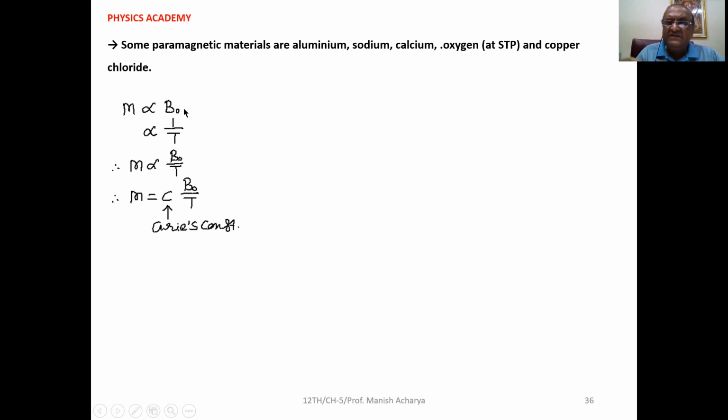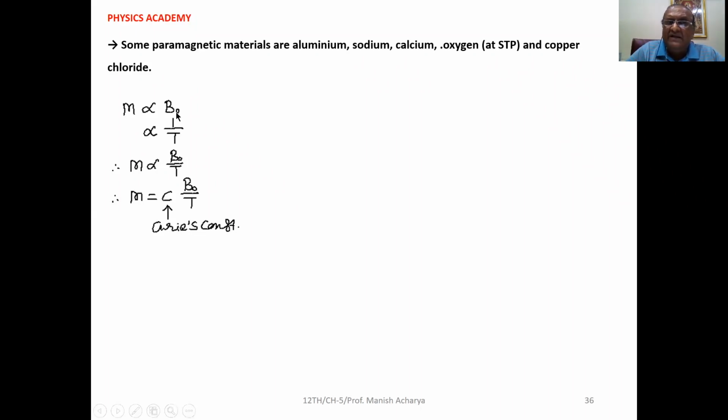As we increase the external magnetic field, more and more magnetic dipole moments will align in the direction of the field. So as the number of dipole moments aligned in a particular direction increases, the magnetization of that substance is increasing.